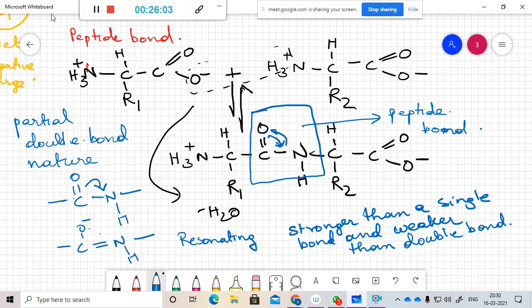So these peptide units are rigid and planar. Let us use a different color and draw this peptide bond properly.